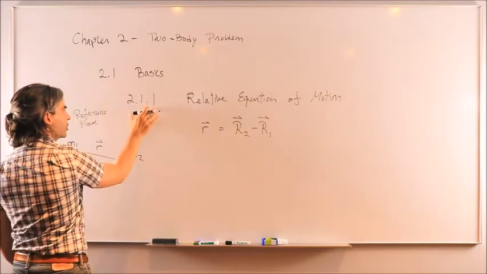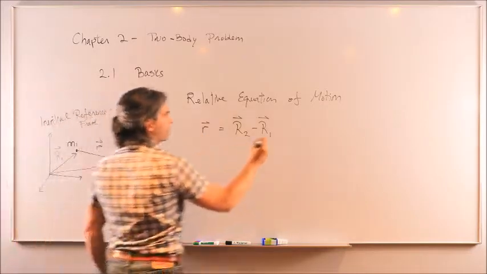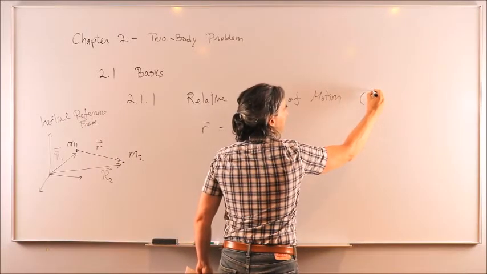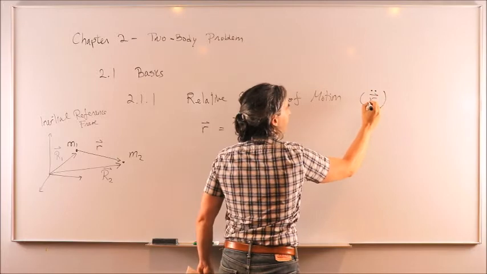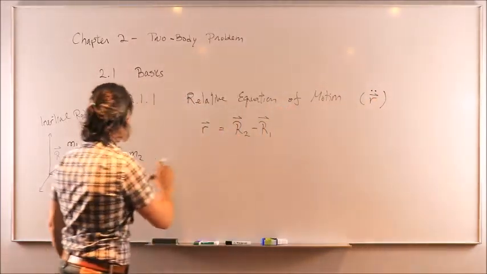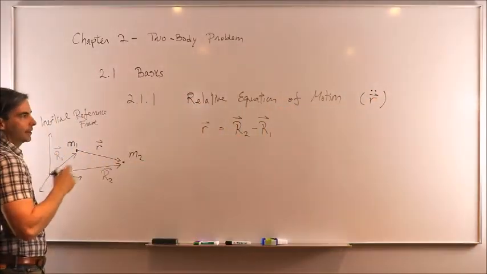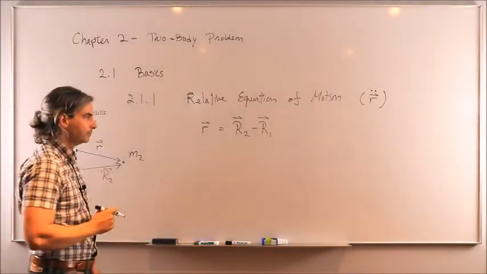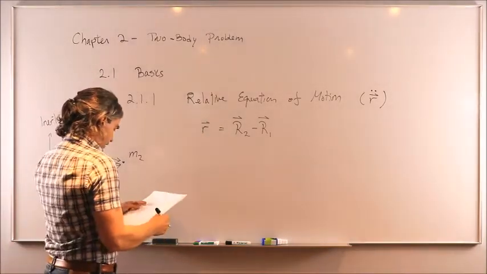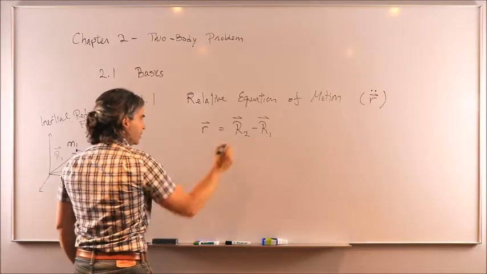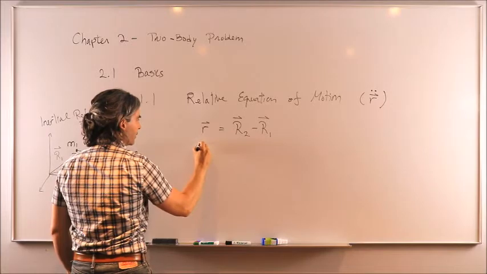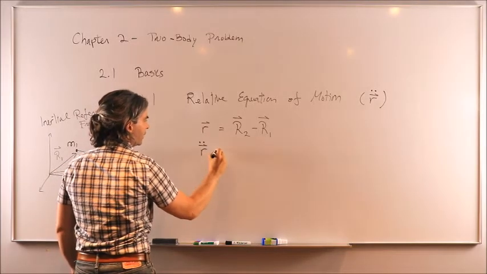So in that section, our objective is to obtain an expression for the acceleration vector of M2 with respect to M1. And this is why this is called the relative equation of motion. Okay? So, this is the position. We can also look at directly taking the double derivative, inertial derivative, of that equation like that.